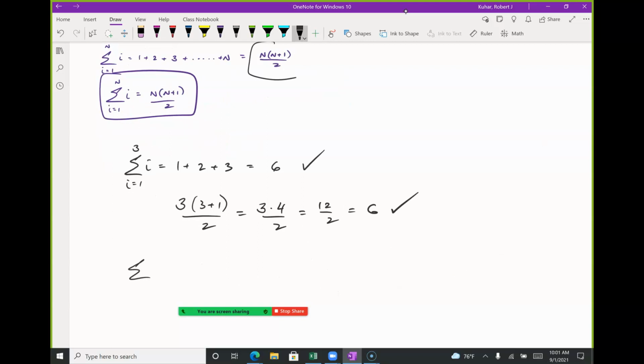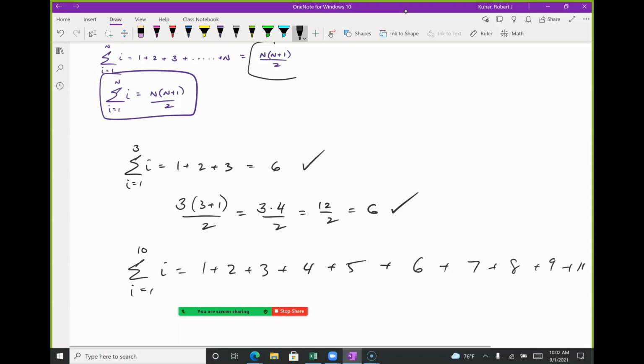Let's see. The sum of i equals 1 to 10 of i. So 1 plus 2 plus 3 plus 4 plus 5 plus 6, and what do I have to go up to? I have to go up to 10, right? 7, 8, 9, 10. Okay, well, that's the 10.